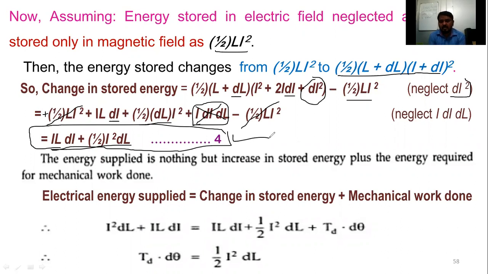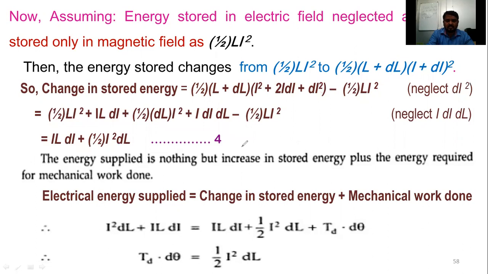Equation number 1, equation number 2, equation number 3, equation number 4: all 4 equations you have to remember. If the offline exam is there, then the torque equation will come. Is it clear? Okay. So equation numbers 1, 3, 4 we have to remember.